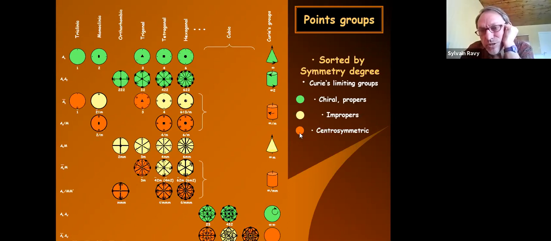And in orange, you have centrosymmetric groups. Okay, so this is the classification you can find in almost all the books of symmetry in condensed matter physics. And I can just enter into the details for the multi-axial groups, which are the most complicated, I would say.